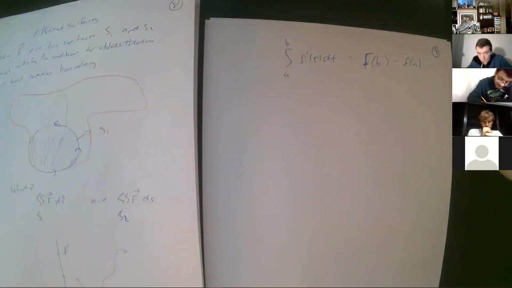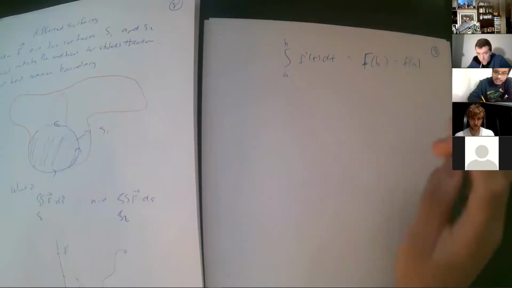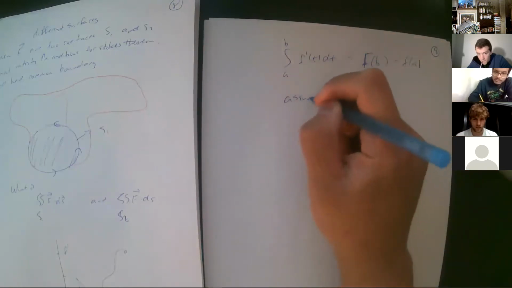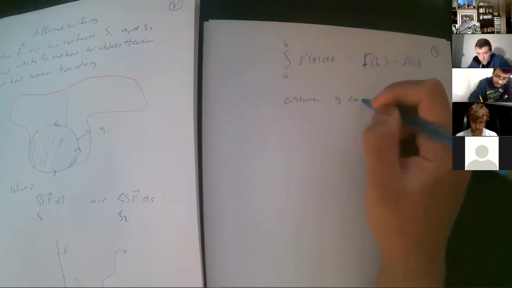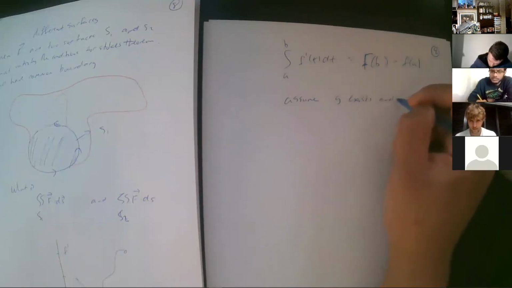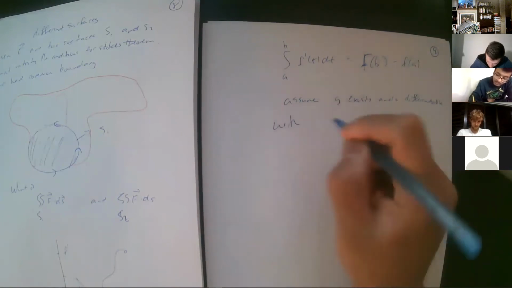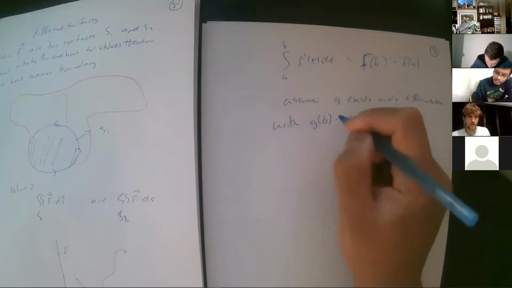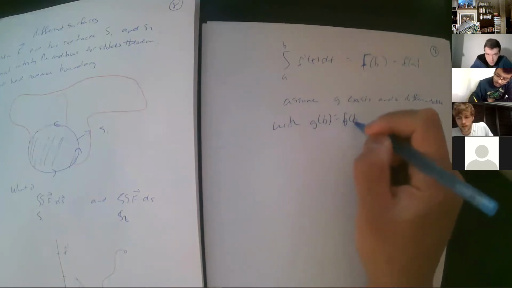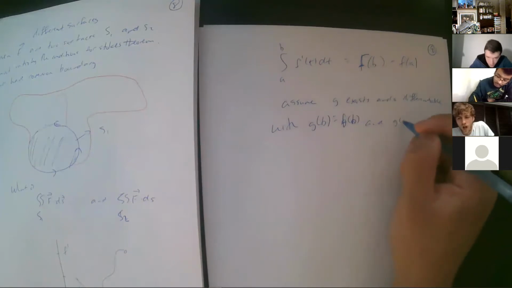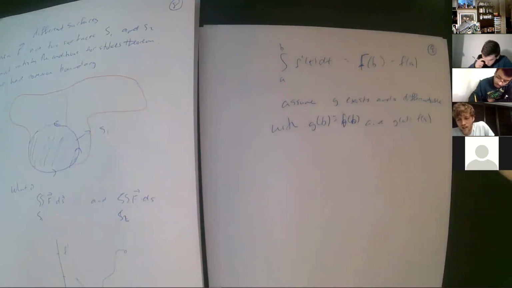So if I have a function that is the same on these two points, let's assume g exists and is differentiable with g of b equal to f of b and g of a equal to f of a, right? I pick any other function I want as long as the endpoints match up.